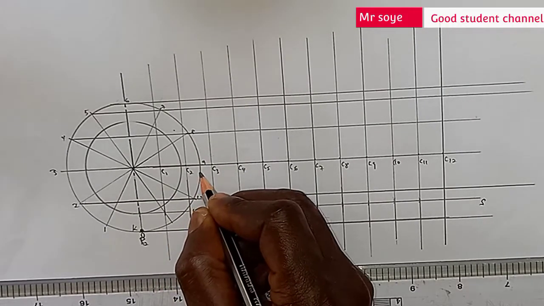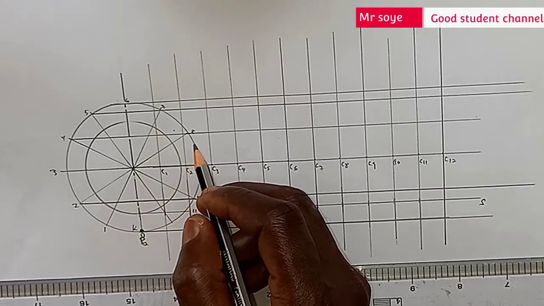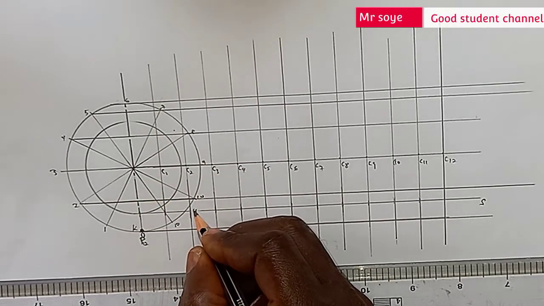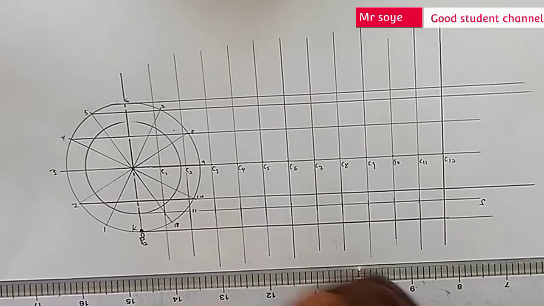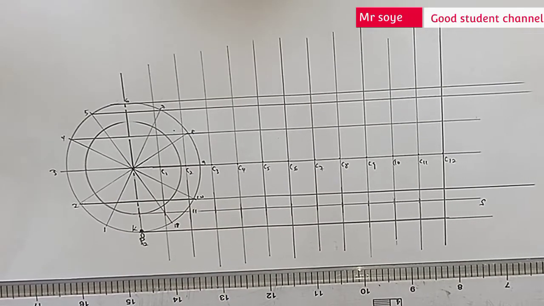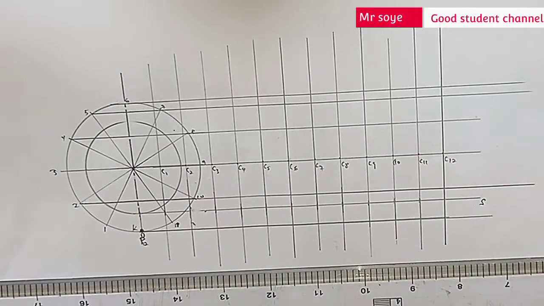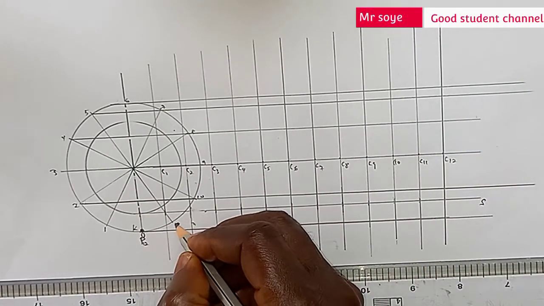Sorry, 7, 8, 9, 10, 11. Yeah, not yet. That's the baseline. This is the baseline, so there's no number allocated to it. So this is 11.